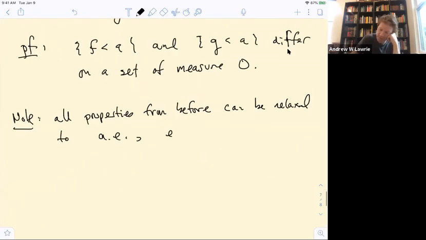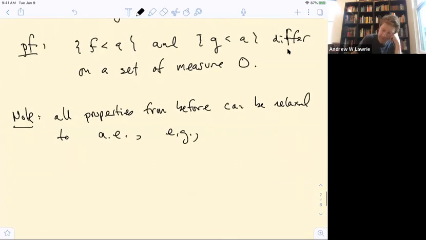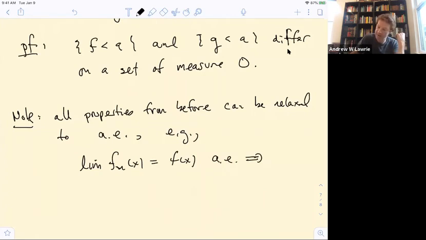For example, the limit: if this limit holds almost everywhere, then this implies that f is measurable, if the f_n's are measurable.